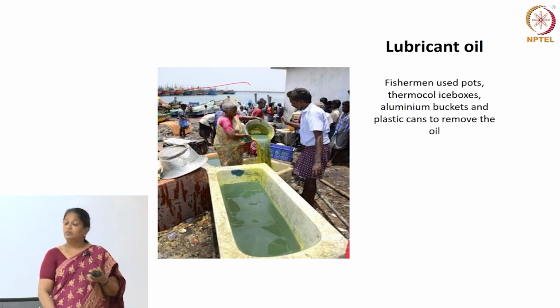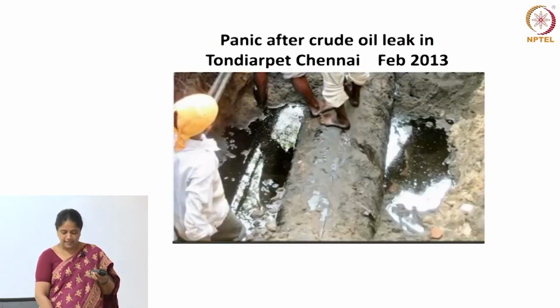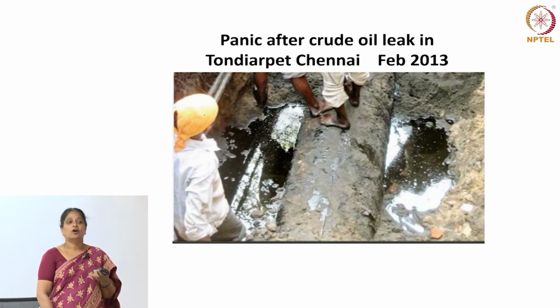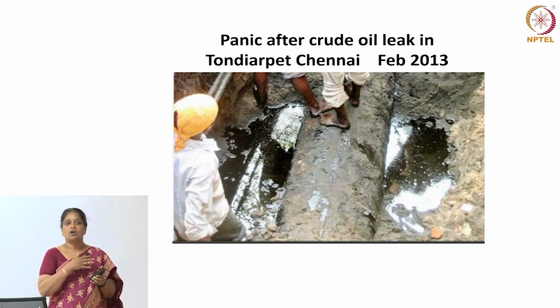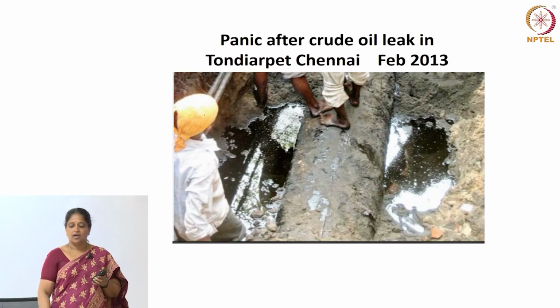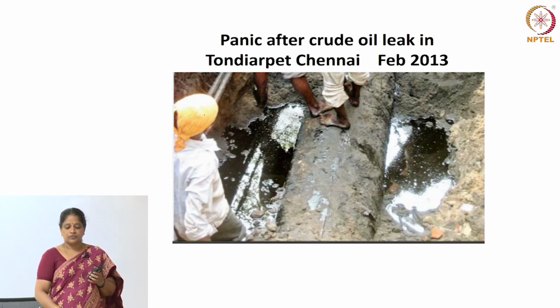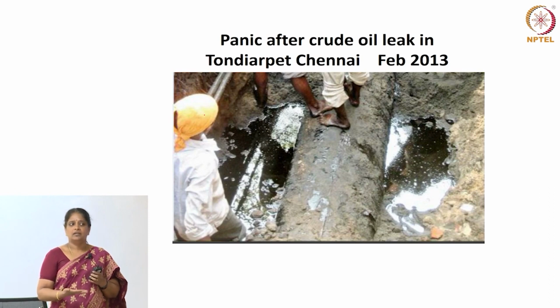So, there are a lot of pipelines crisscrossing entire North Chennai. If you are coming by train, you will not miss these huge cylindrical storage structures, right. These are all oil terminals which store these refined and crude. Pipeline spills like this are very, very common if you talk to somebody in North Chennai.